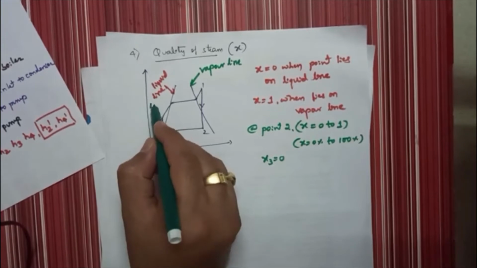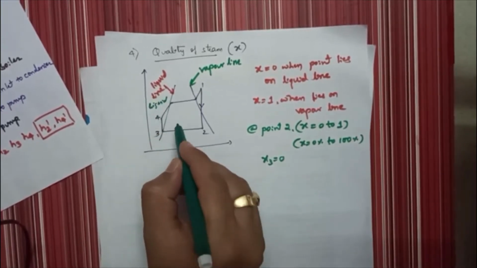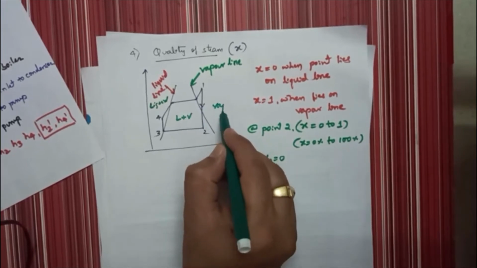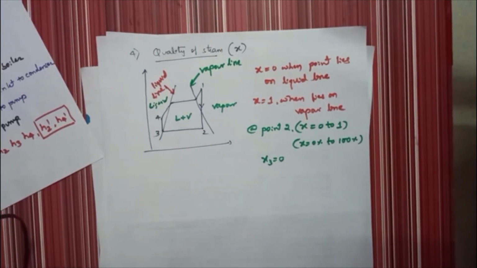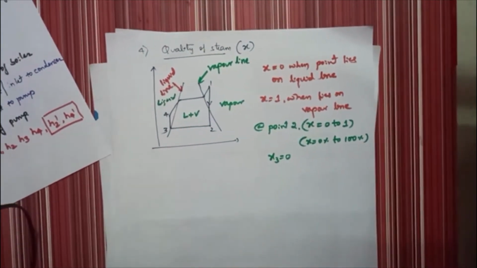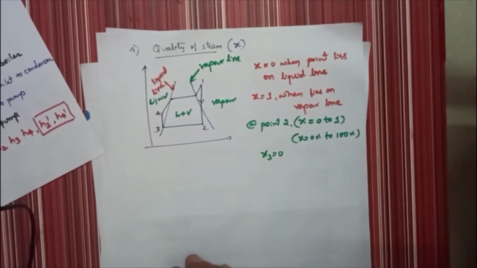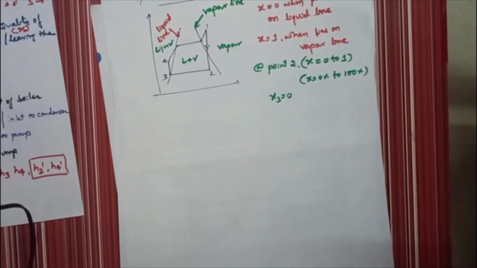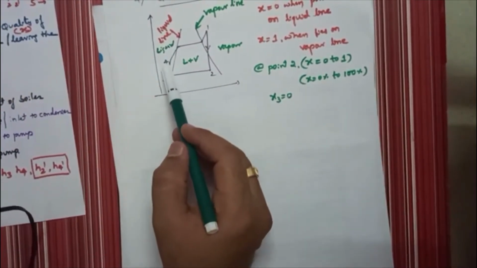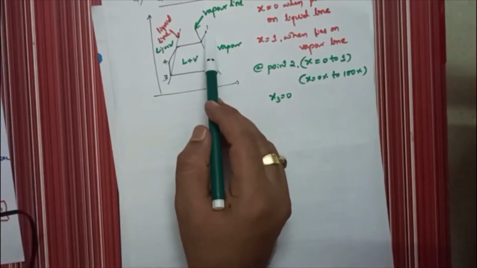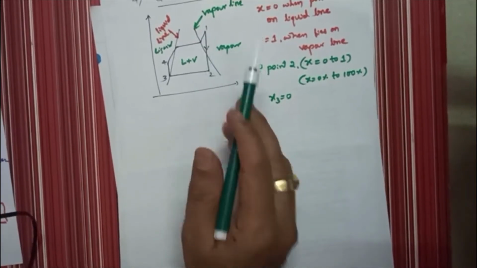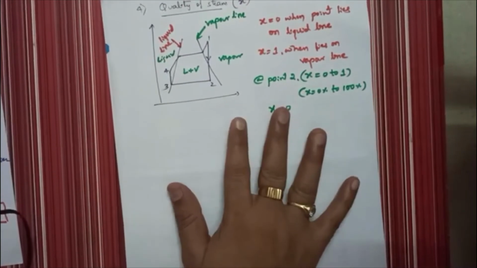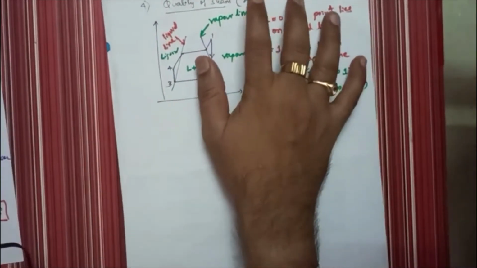This is liquid plus vapor. So this is vapor. This is what we discussed in lecture number 2. It is important for solving numericals, that is the reason I am explaining once again. So X3 is equal to 0, and X4 is also 0 because this is liquid. X1 is equal to 1.